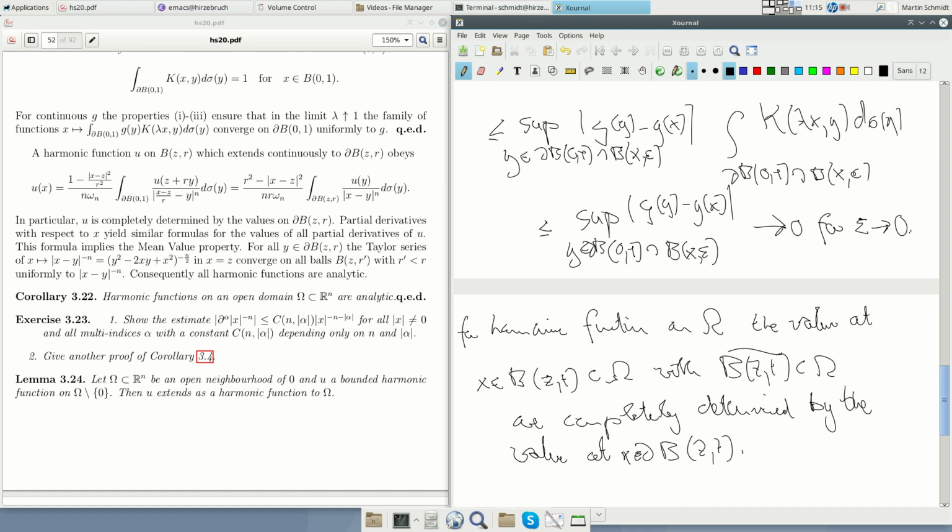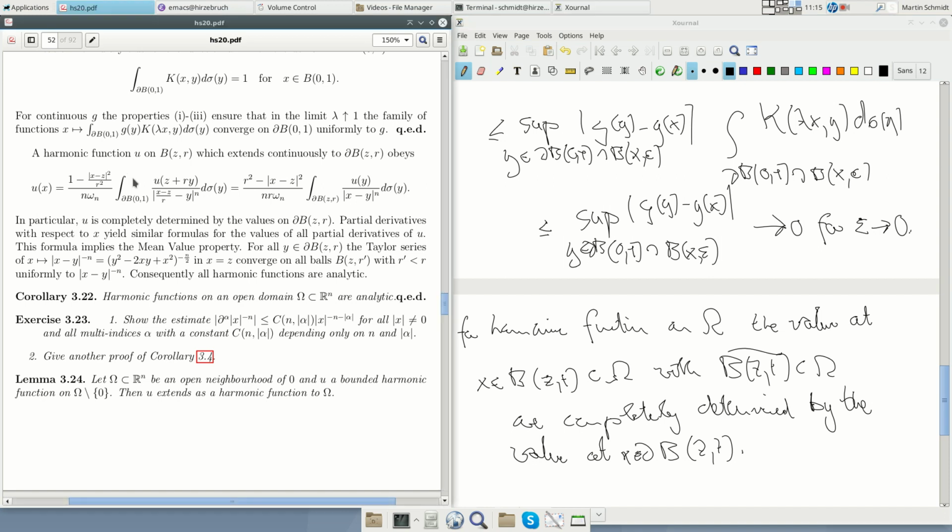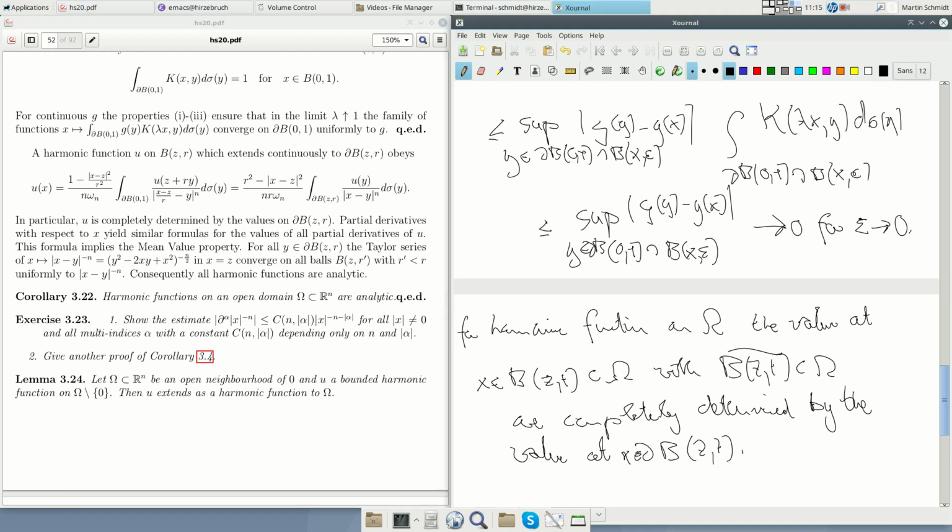So we may recover any harmonic function in the inside of any ball just by the values on the boundary of the ball.